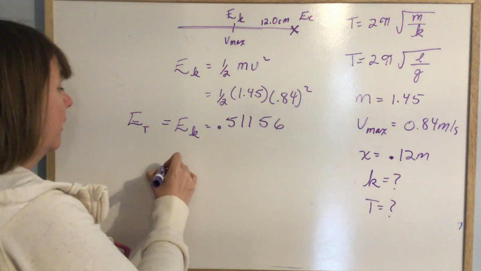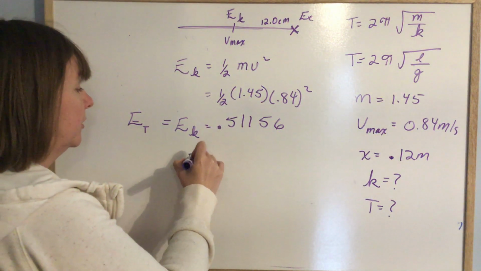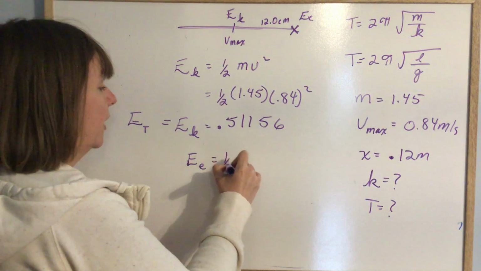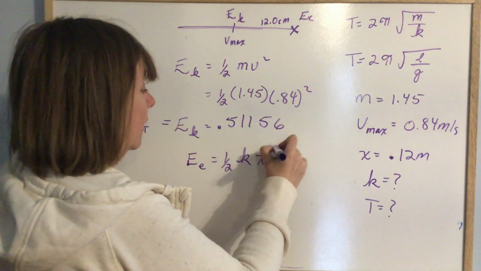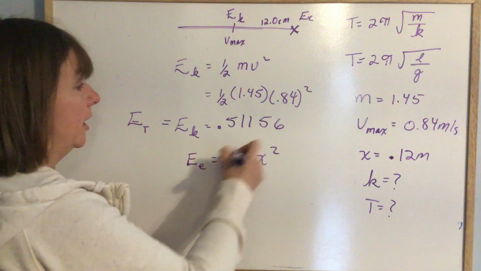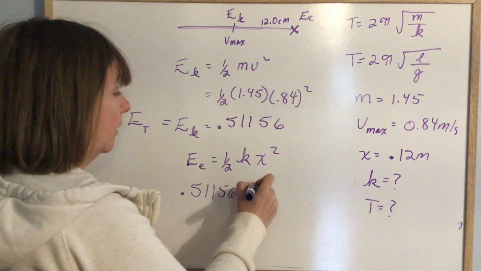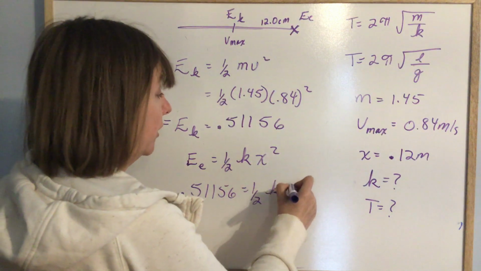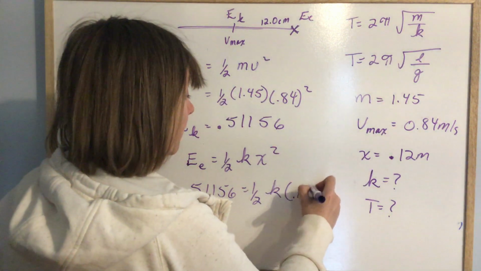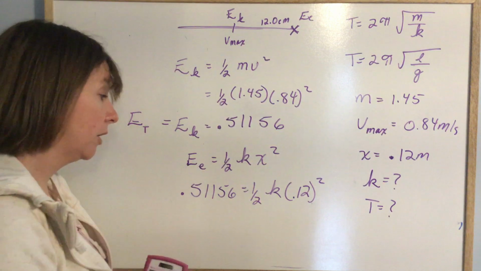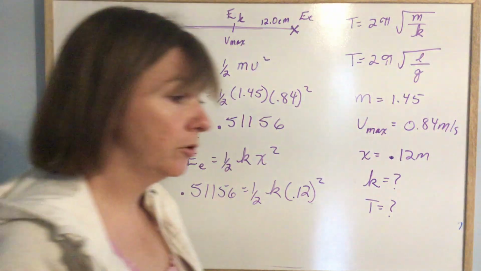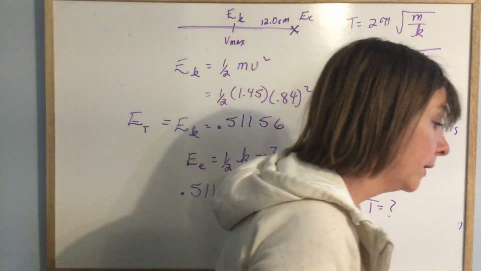Because elastic potential energy is 1/2 kx squared. So my elastic potential energy would be 0.51156, and that is 1/2 K, which is what I'm trying to find, times X, which is 0.12 squared. So I should now be able to figure out K.